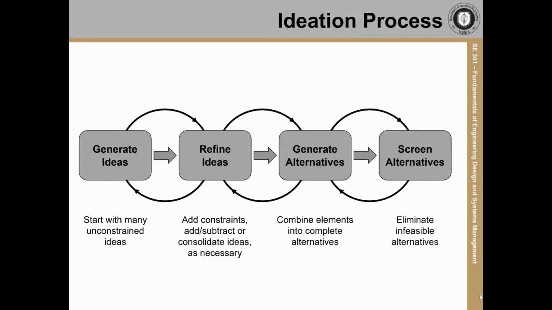After that, you refine them. It's like, you know what, there are wrong answers, and let's take out some of those. Let's add some more because I forgot about them. You combine this solution and this solution, kind of create a hybrid solution. And you can use that to generate your different solution alternatives. And then you can actually screen those alternatives to determine, hey, these two things don't really work well together. So let's eliminate that.